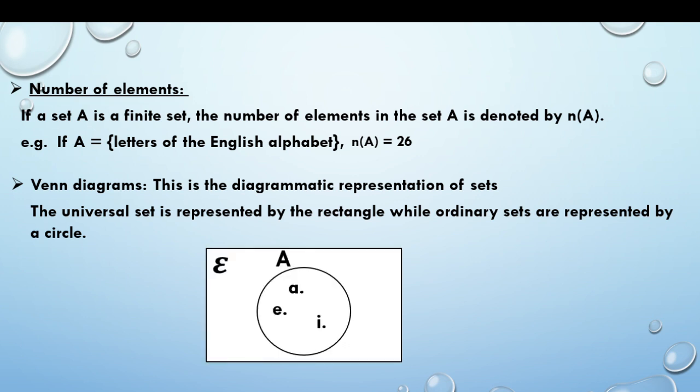So for example, here, this rectangle represents a universal set represented by this symbol, and this circle represents set A containing A, E, and I. So this is how sets are represented diagrammatically, and this kind of representation is what we call a Venn diagram.